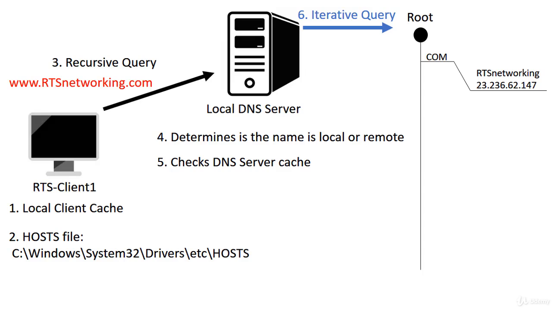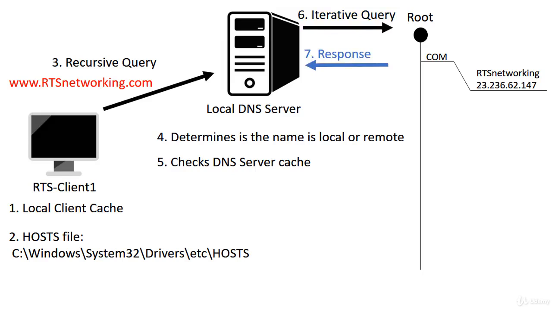The .com, .net, .org, all the domain extensions you see on the internet, they are all referenced from this root domain. So in practical terms, what that means, my DNS server queries the root and says, I'm trying to get to rtsnetworking.com. Can you tell me what IP address that resolves to?